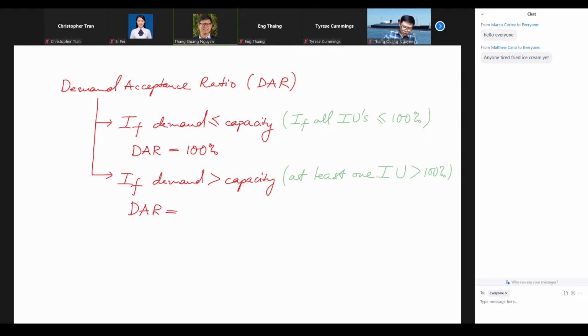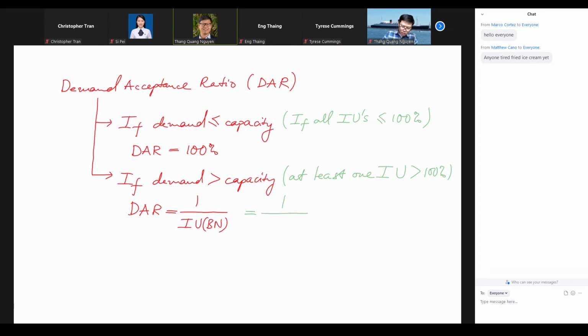So DAR in that case is equal to 1 divided by the IU of the bottleneck. All right. So 125% is more than 100%, so now we have to scale it back down to 100%.